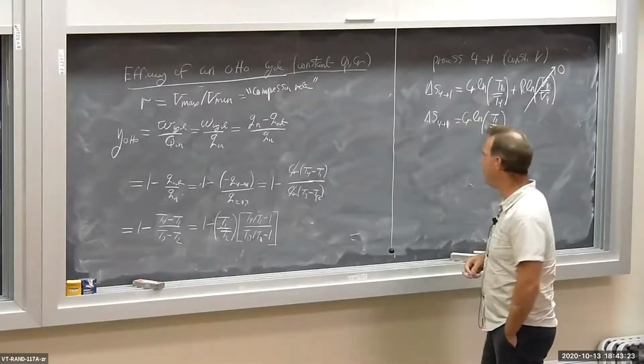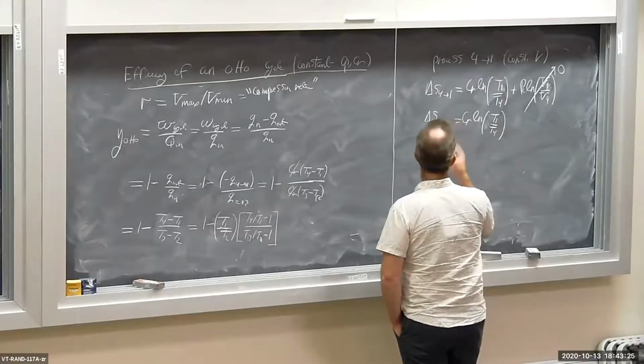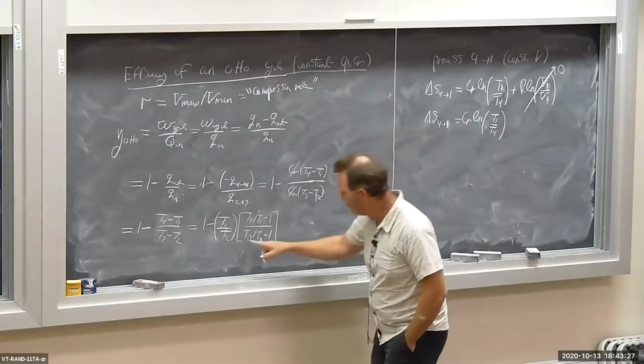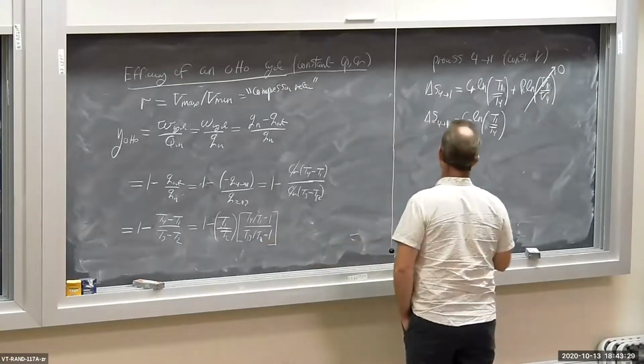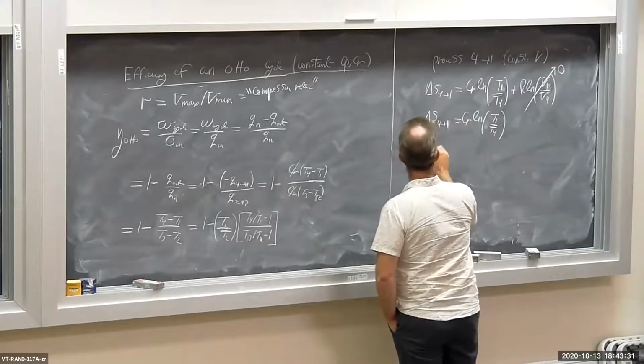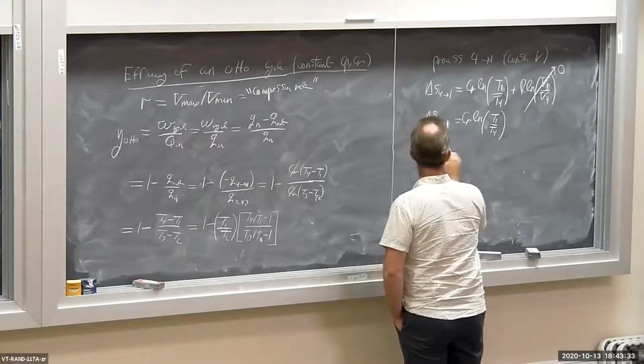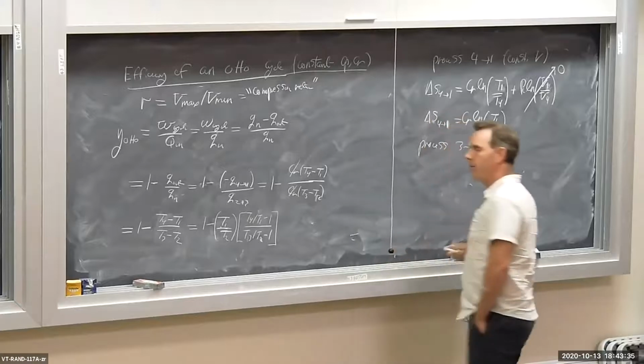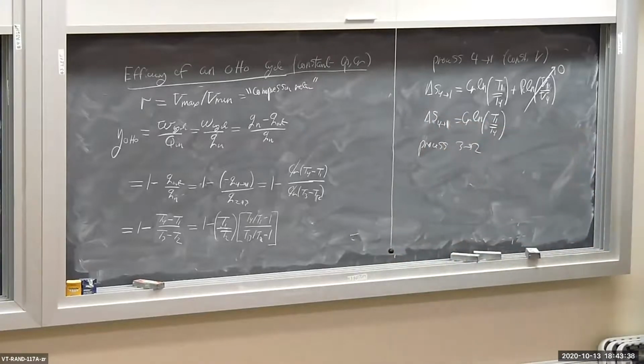Now, if you apply the entropy balance and the property relationship for process 3 to 2, you get a similar equation.